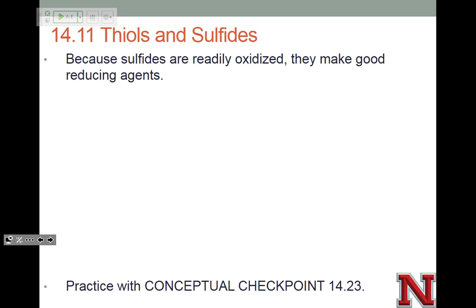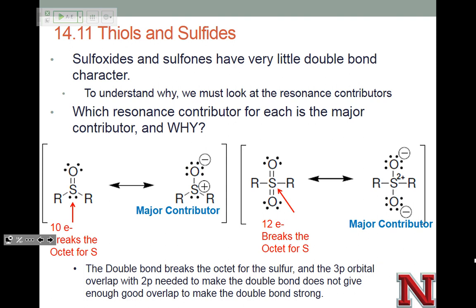Another thing to think about also is we don't have very good overlap between the orbitals of our sulfur and our oxygens, because sulfur is twice as big as oxygen. So those p orbitals and the pi bonds, the sulfur p orbital is much bigger than the oxygen p orbital. So instead of a normal overlap like a carbon-oxygen double bond overlap or a carbon-carbon double bond overlap, what we actually see is an overlap that looks more like this, because our sulfur is so much bigger.